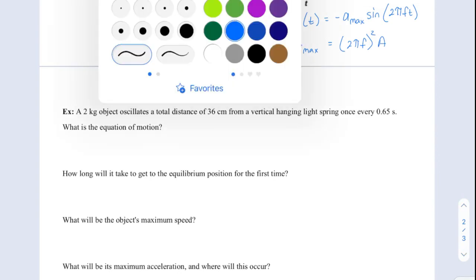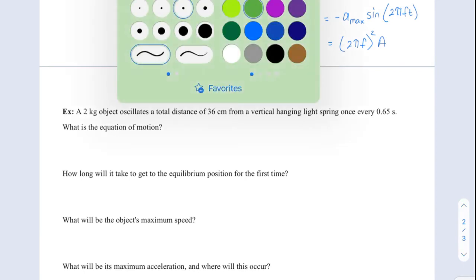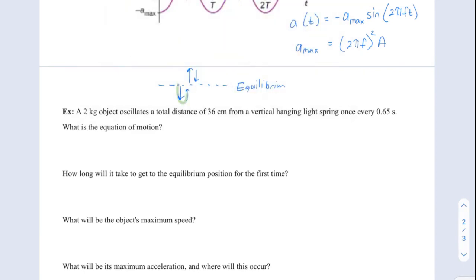That is one movement of up and then down and then back, so that's one oscillation. From this 36 centimeters, I can get that the amplitude of my motion is half of that distance, 0.18 meters.